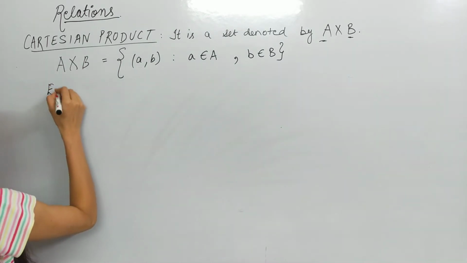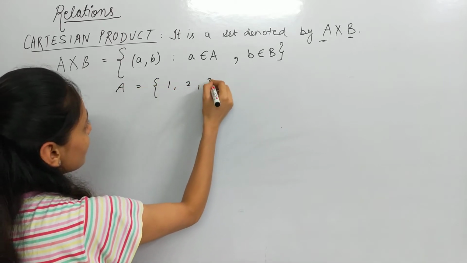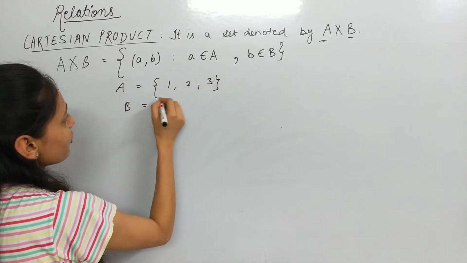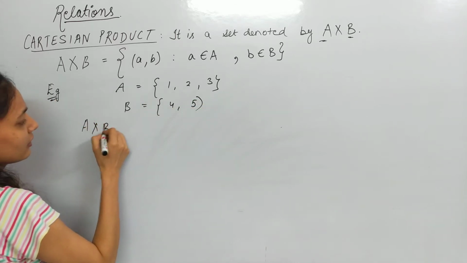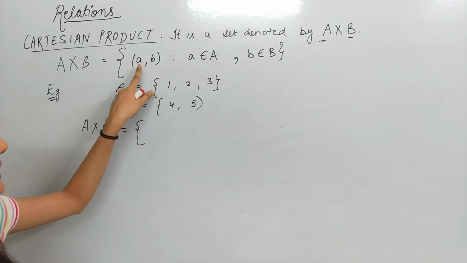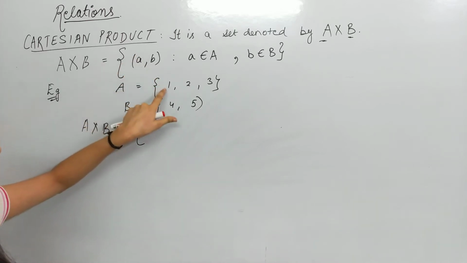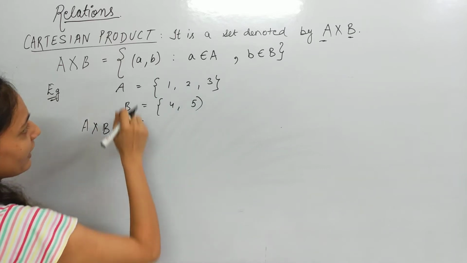Example, you are having a set A that is {1, 2, 3} and set B is {4, 5}. So if you find A cross B, it will contain all the ordered pairs such that the first element is from set A and the second element is from set B. Let us see how we'll write it.